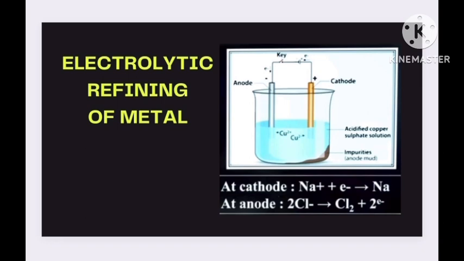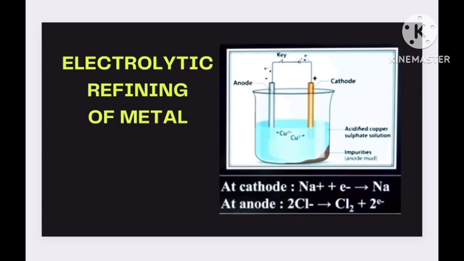An equivalent amount of pure metal from the electrolyte is deposited on the cathode. The soluble impurities go into the solution, whereas the insoluble impurities settle down at the bottom of the anode and are known as anode mud. So in this way we get the pure metal from their minerals or ores.